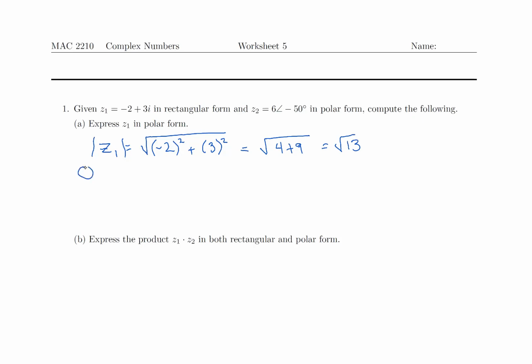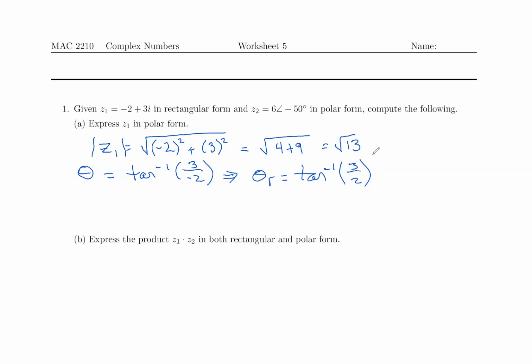If I want to know what theta is, it's the inverse tangent of y, that's yi, over x. And I've always said, take the absolute value and get the reference angle. So this would be the inverse tangent of 3/2. This is a calculator problem. If we give you a problem that you cannot solve without a calculator on the test, that's the final answer.